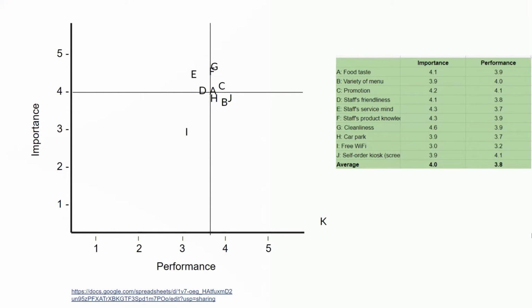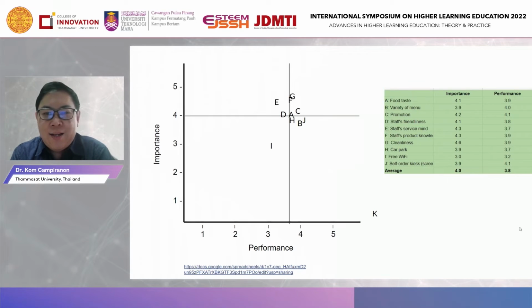Sorry, I forgot to turn on my camera. So by seeing this, what can we learn from this exercise? I'm going to let you guess which area McDonald's should improve first. I'll give you a second to make a guess.